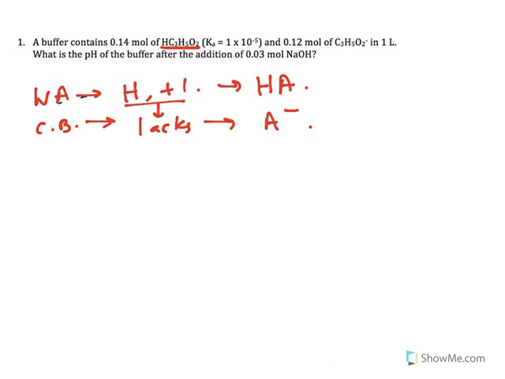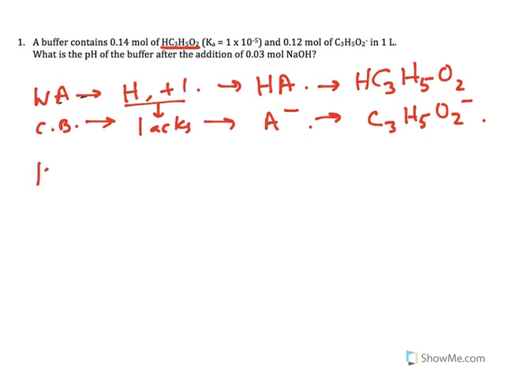So in this example, our HA is going to be HC3H5O2, and our base is going to be C3H5O2 minus. Now that we know our acid and base, we can form our ICE table. So we have our Ka value, which is given to us, but we don't really need the Ka value because we are going to deal with the Henderson-Hasselbalch equation afterwards, which deals with pKa.